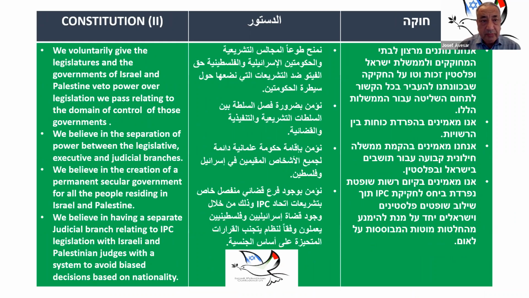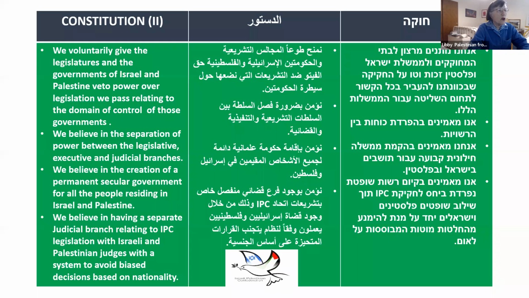Page 2. We voluntarily give the legislators and the governments of Israel and Palestine veto power over legislation we pass relating to the domain of control of those governments. We believe in the separation of power between the legislative, executive, and judicial branches.